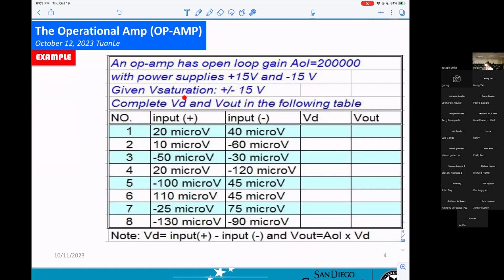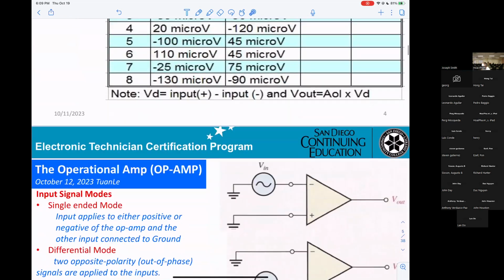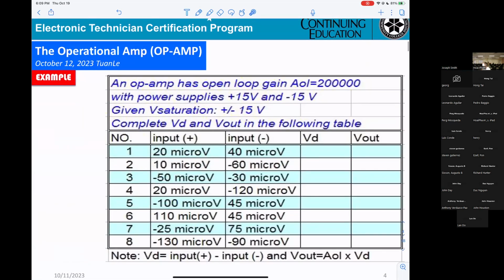Complete VD and Vout in the following table. Voltage input plus 20 microvolts, input minus 40 microvolts.